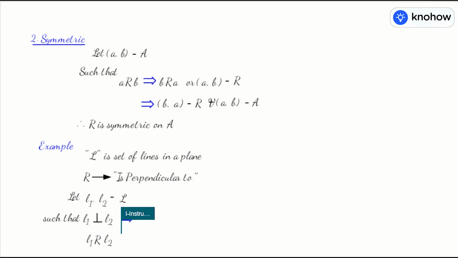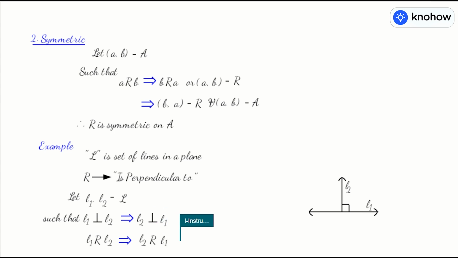And you know, geometrically, that if L1 is perpendicular to L2, then obviously L2 is perpendicular to L1, or L2 is related to L1. Or in other words, L1 related to L2 clearly implies L2 related to L1. So we can conclude that the given relation R, that is perpendicular to, is symmetric on the set of lines in a given plane. So that is about symmetric relation.